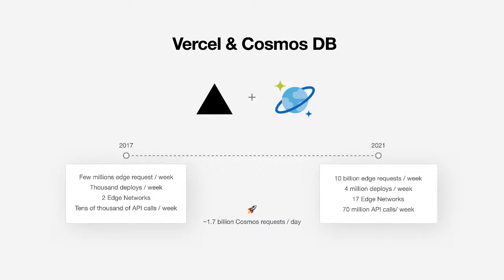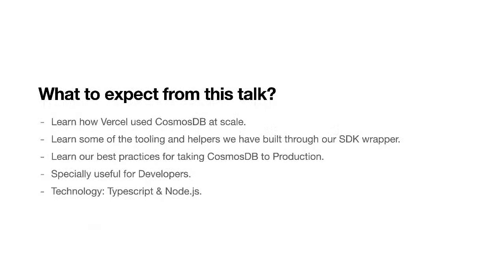During all of this time, Cosmos DB has helped us scale tremendously well from just a few million requests per week to more than 10 billion requests a week that we're handling today. Overall, we are currently making more than 1.7 billion requests a day to the database, and that's all scaled smoothly, keeping always a very good latency.